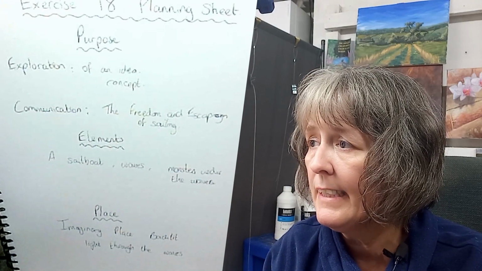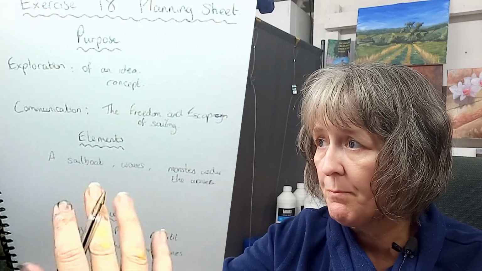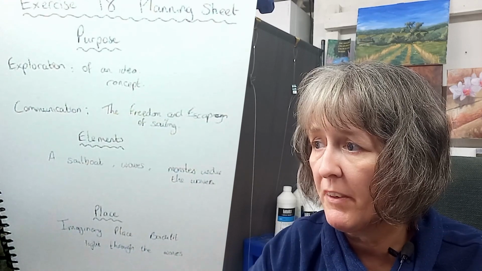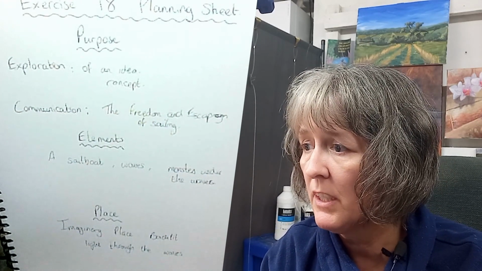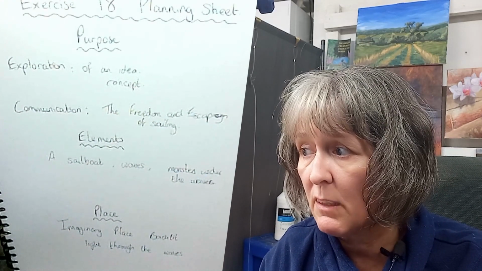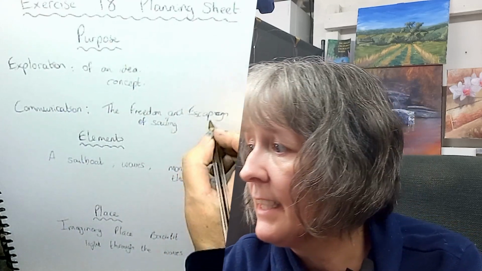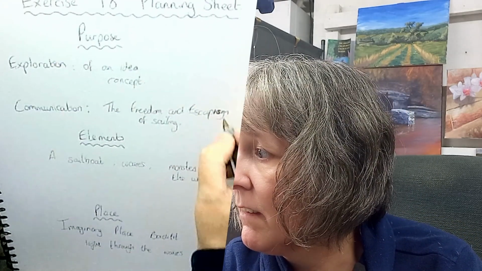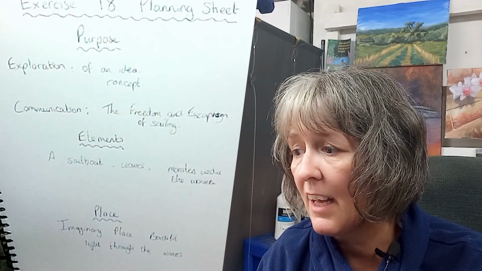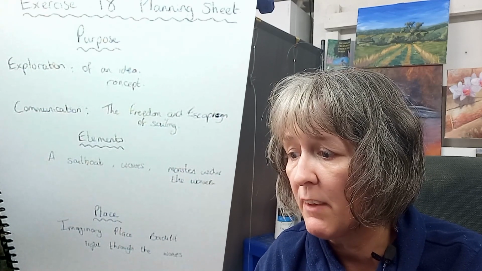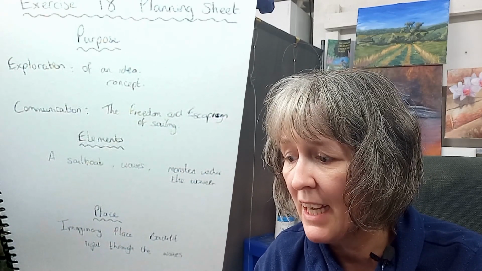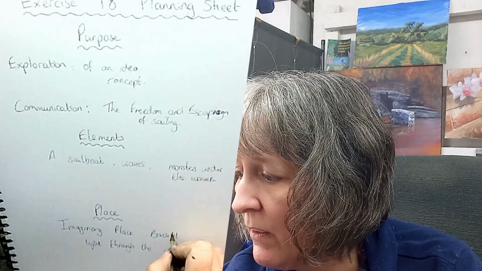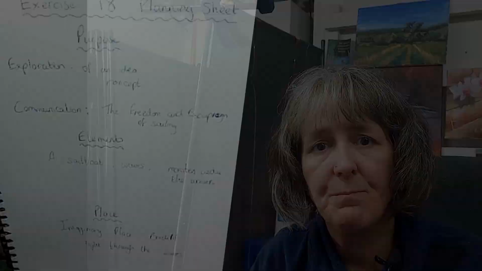So there we have purpose, exploration of an idea or a concept. What am I communicating? The freedom and escapism of sailing. Elements, a sailboat, waves, monsters under the waves, place, imaginary place, backlit, light through the waves.